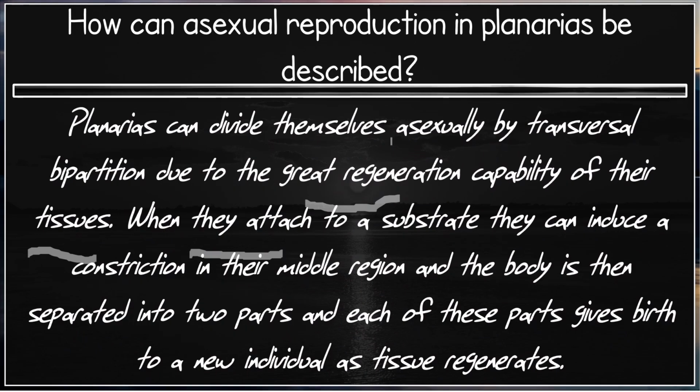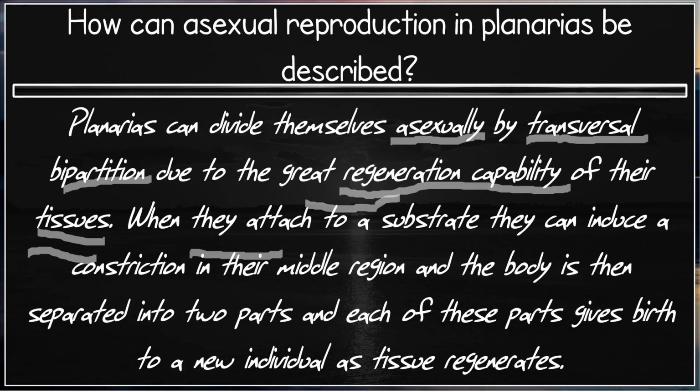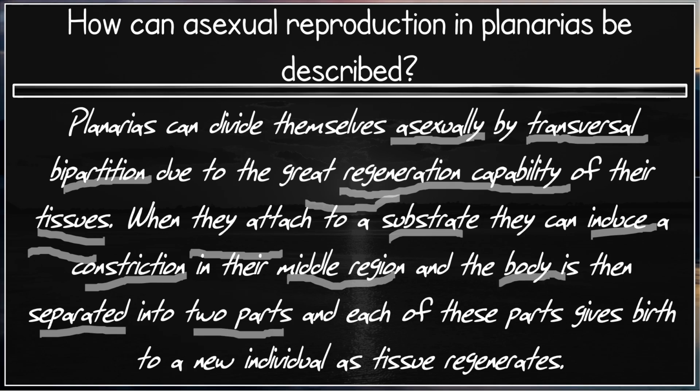Planarians can divide themselves asexually by transversal bipartition due to the great regeneration capability of their tissues. When they attach on a substrate, they can induce a constriction of their middle region, and the body is then separated into two parts, and each of these parts gives birth to a new individual as tissue regenerates.